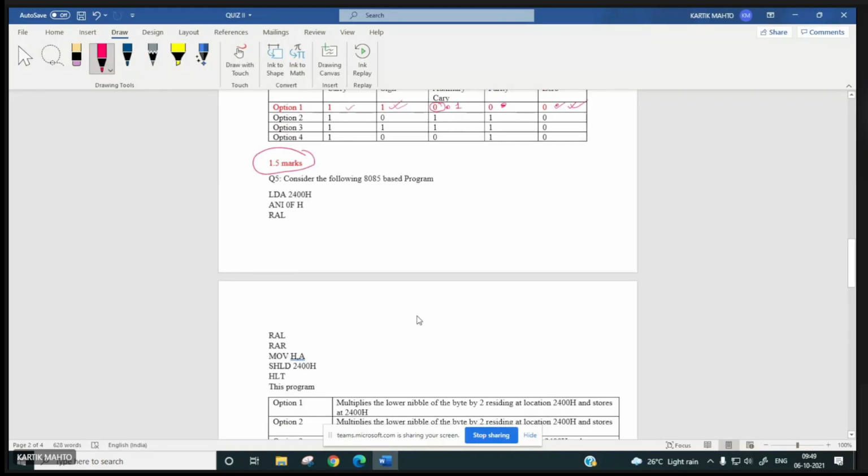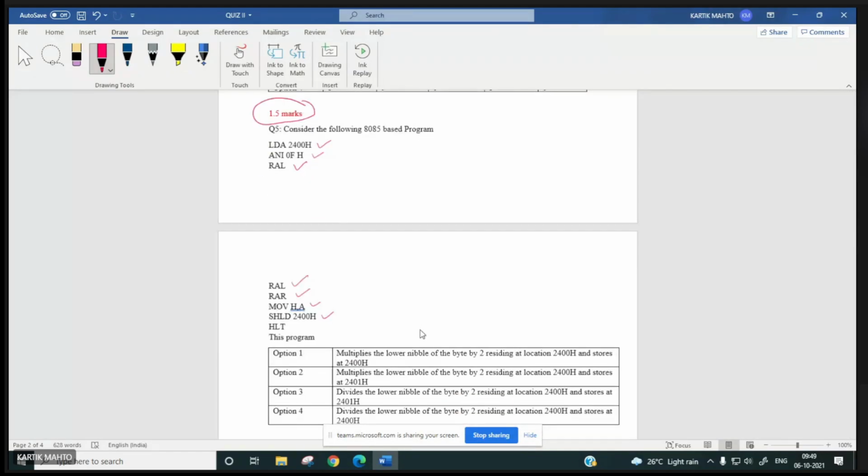Consider the following 8085 based program: LDA 2400H, ANI 0FH, RAL, RAR, right? So in this case, what will happen? LDA 2400H, ANI 0FH, RAL, right?